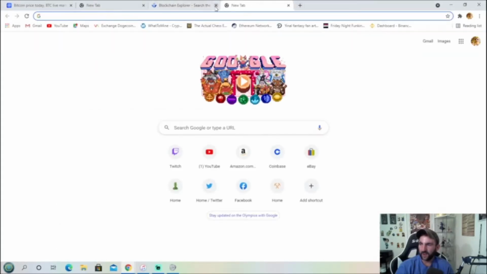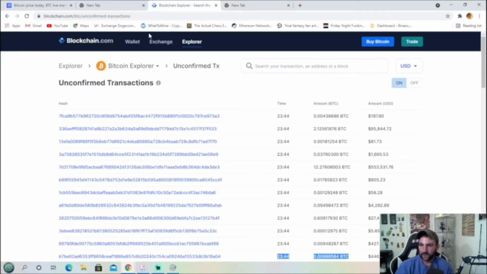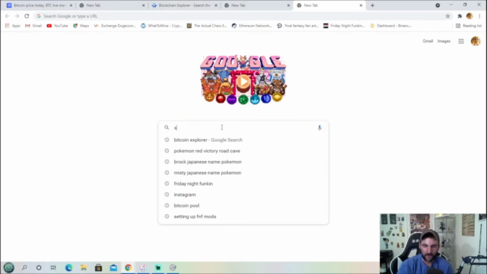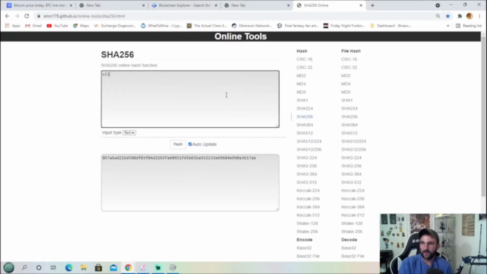I wonder what Silver Fang 99 is when you put it in a SHA-256 algorithm. We are going to put your name, Silver Fang. All right, Silver Fang, your hash for your name is this right here.